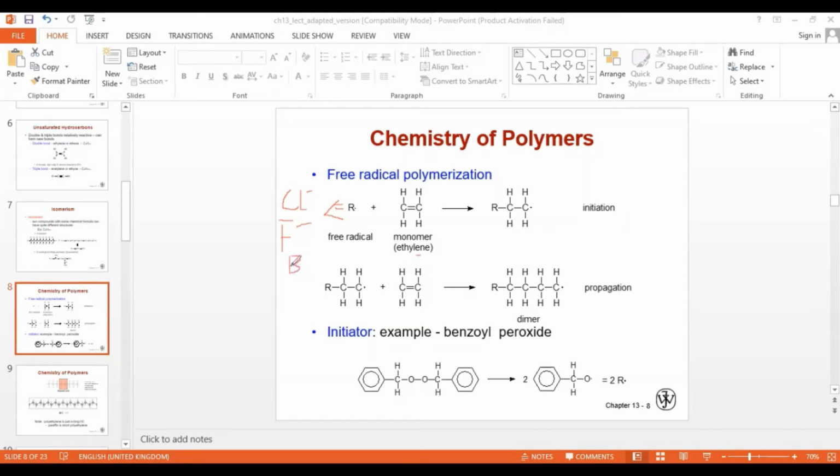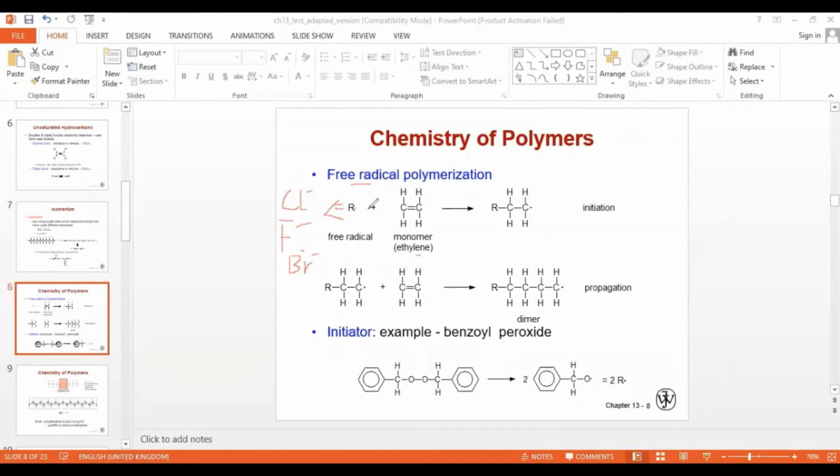Whatever part is going to join with this monomer is what is called a radical. So as a common notation, we denote this as R. Based on the need, you can put fluorine, bromine, whatever it is. Commonly, it is known as R. That is a free radical.